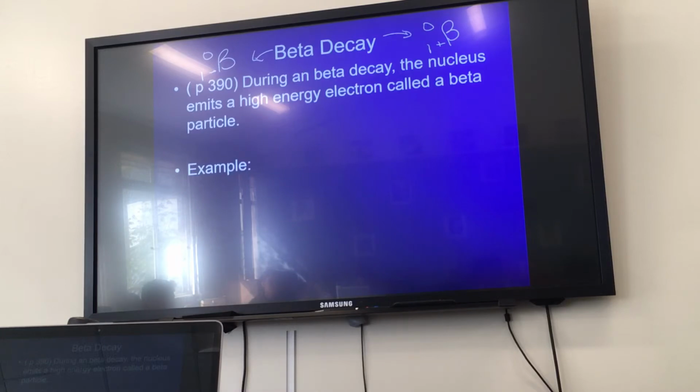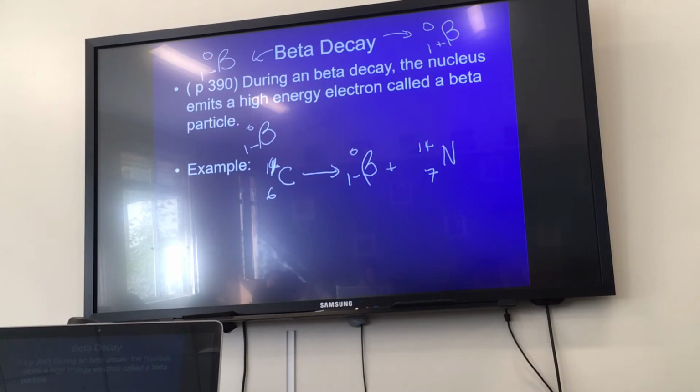For my examples, if I have beta negative with carbon 14, the 14 stays on the top. I have 6 on this side and -1 on this side, so -1 and 7 is 6. Element number 7 is nitrogen.